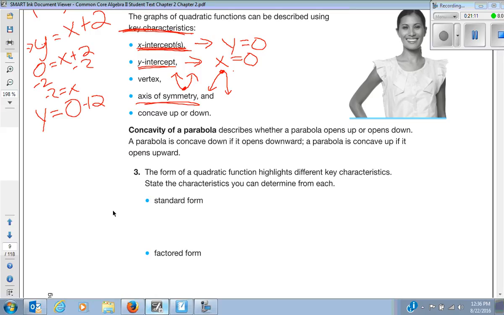You might want to take some notes on how you find the axis of symmetry, or at least understanding what it is. Concave up means the graph goes up. Concave down means the graph goes down. On your test, again, I will say, what is the concavity of your graph? And all you have to put is, if it looks like this, up.